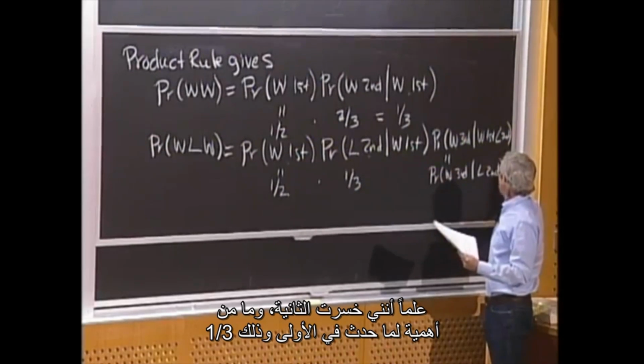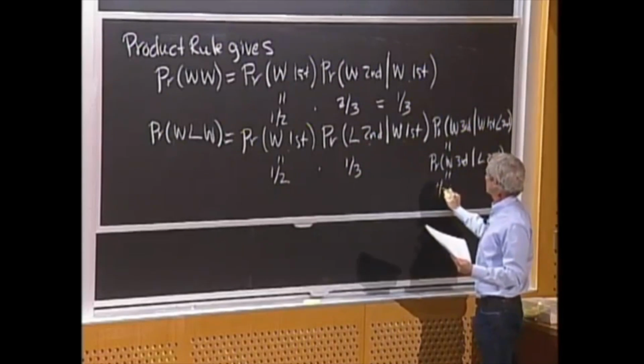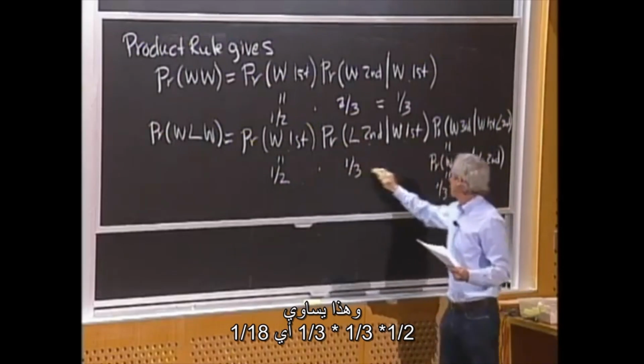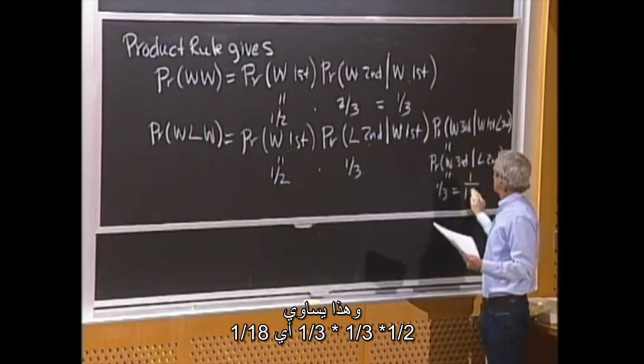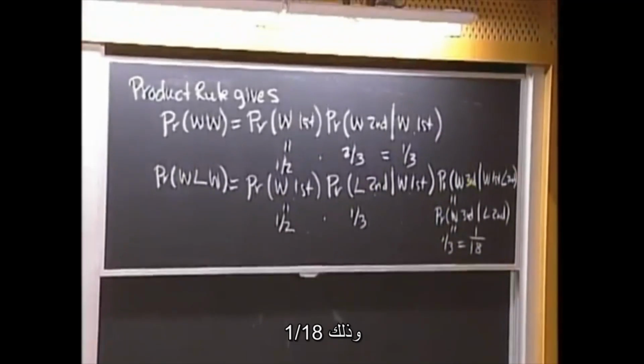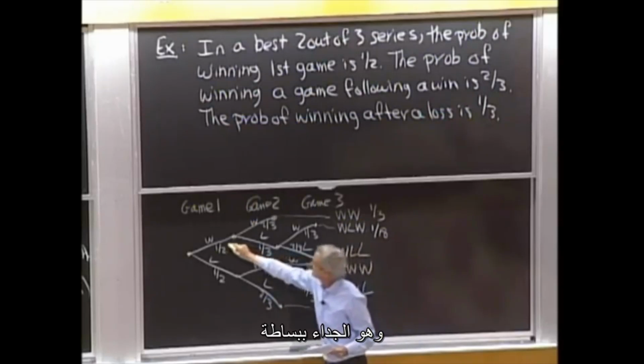Doesn't matter what happened on the first. And that's 1/3. So this is 1/2 times 1/3 times 1/3 is 1/18. And it's just the product.